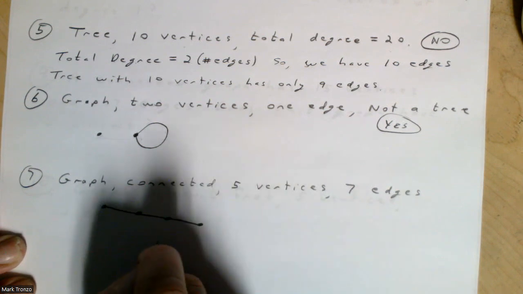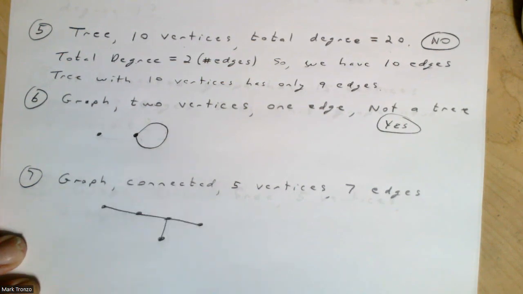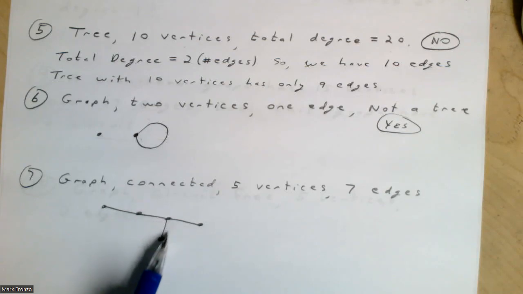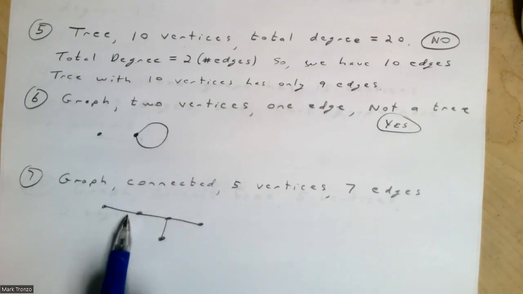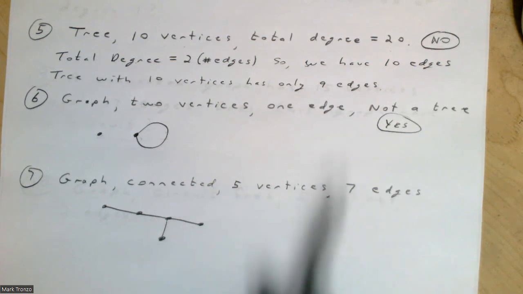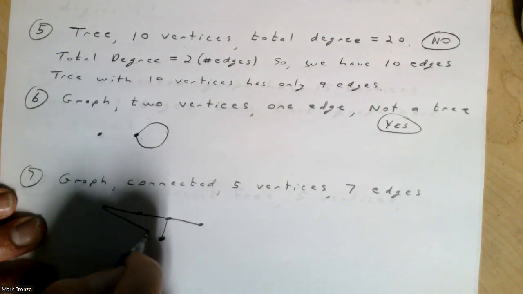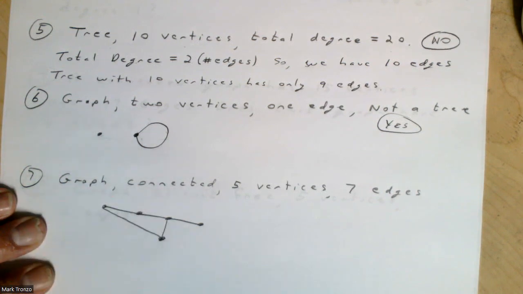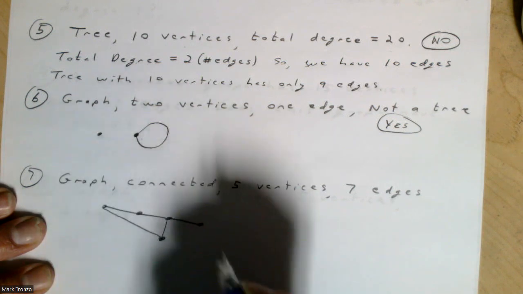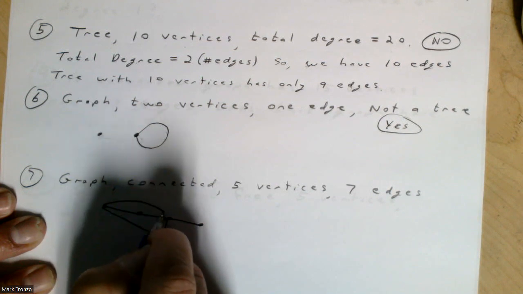You could maybe do something like this. So that's a tree. We have 1, 2, 3, 4, 5 vertices, 1, 2, 3, 4 edges. So you can start with that and then just add edges wherever you like. Maybe add an edge here.